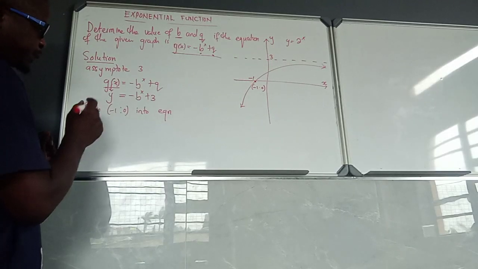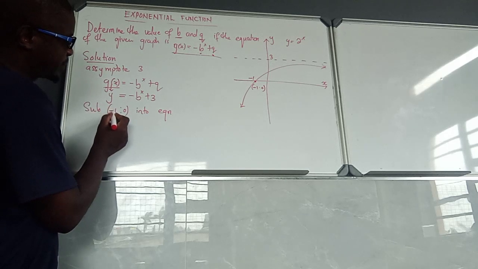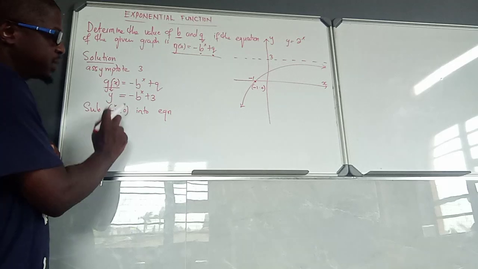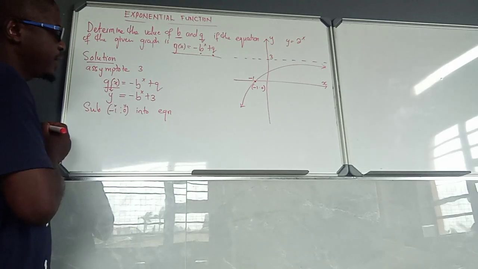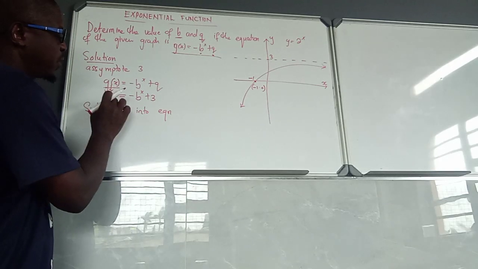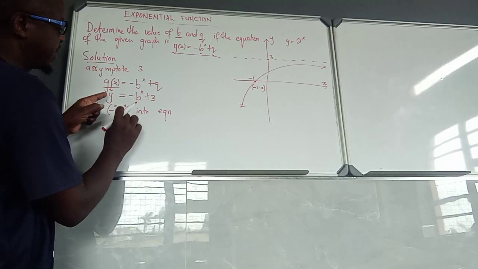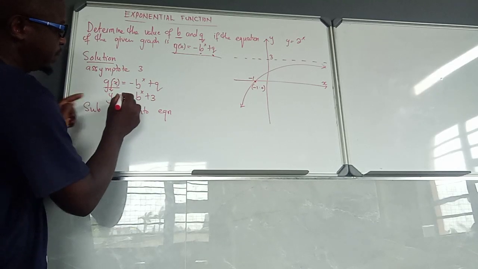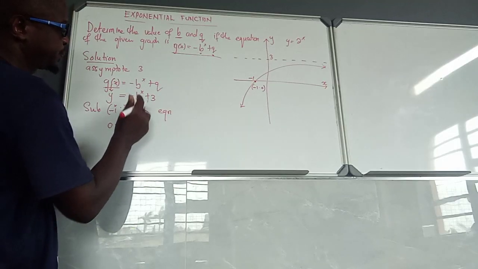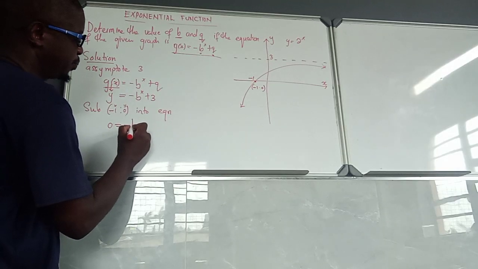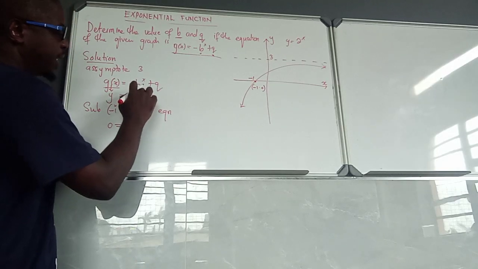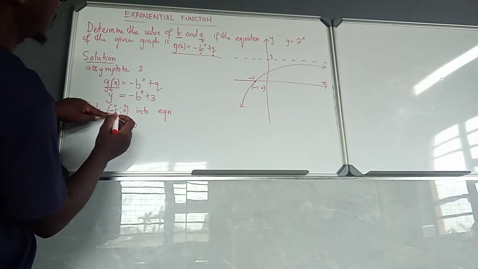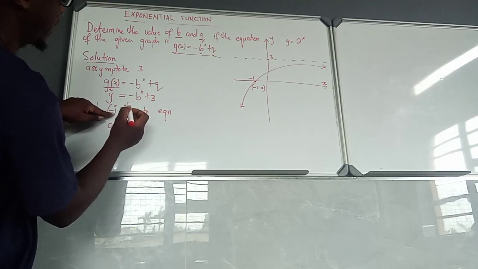So let's do that. Our point here, that's the value of x, and this is the value of y. Taking these points into our equation, where there is a y, we put our 0 here. So we have 0 equals minus b to the power of x. What is our x when we look at these coordinates? Our x is -1.